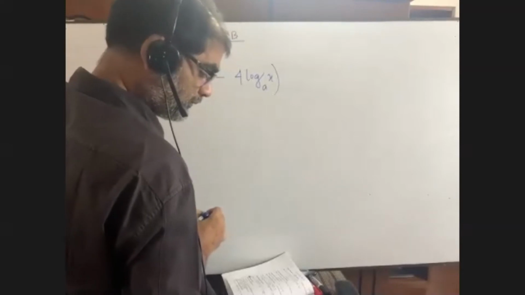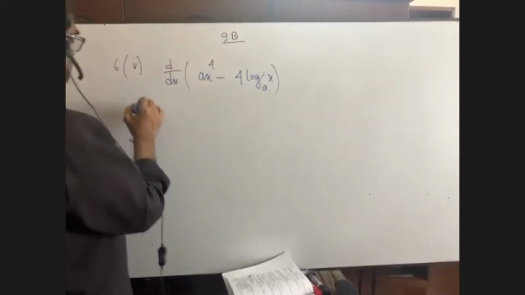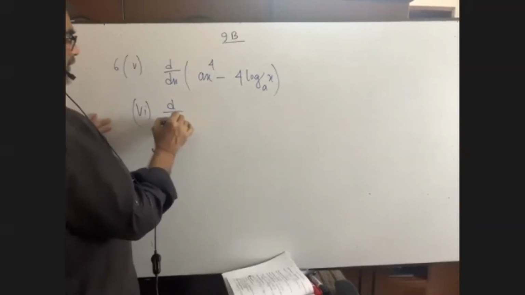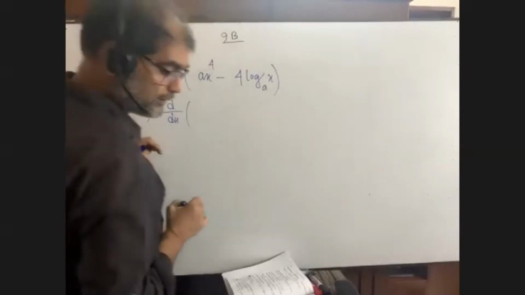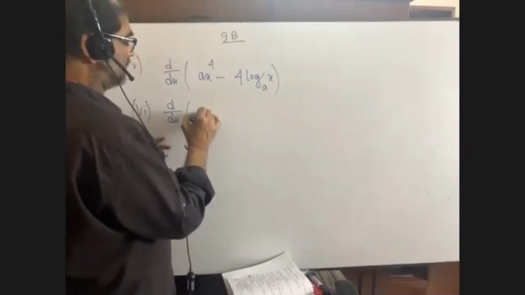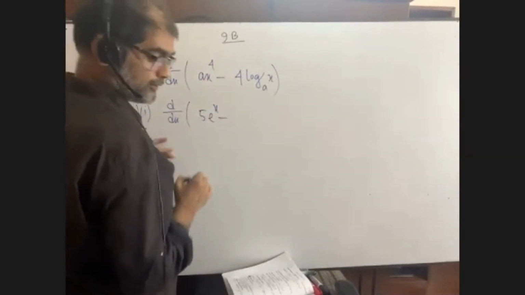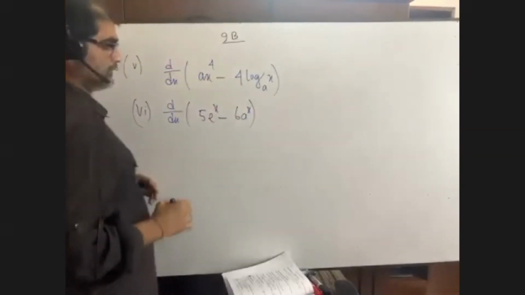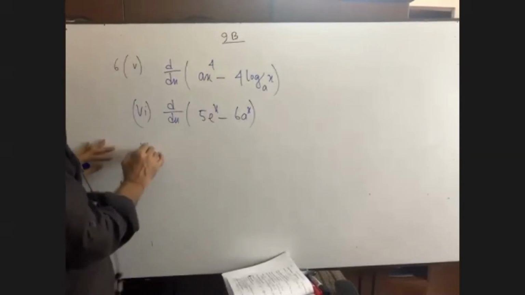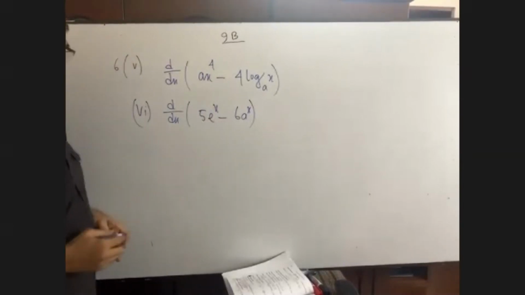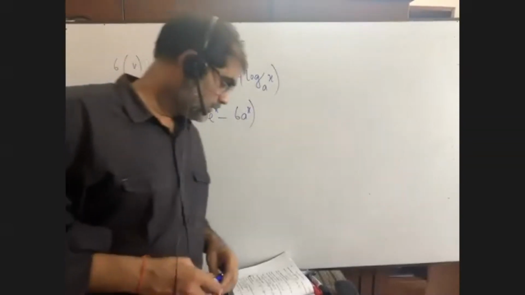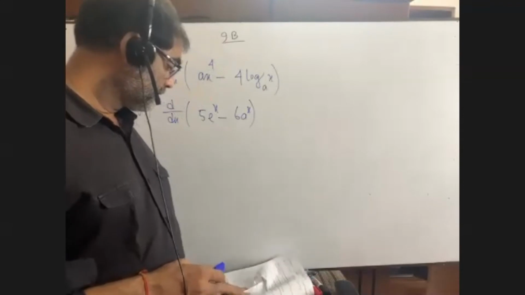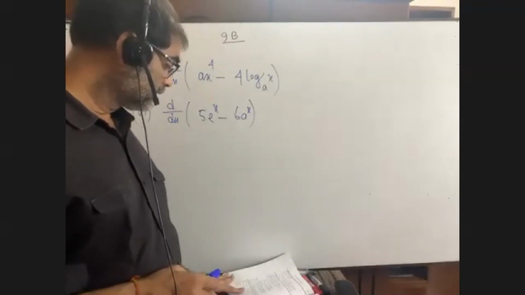Don't take time. d by dx of 5 e to the power x minus 6 e to the power x. Carry on, carry on.